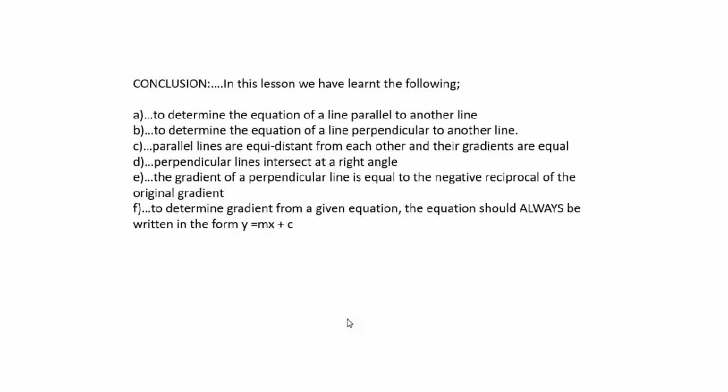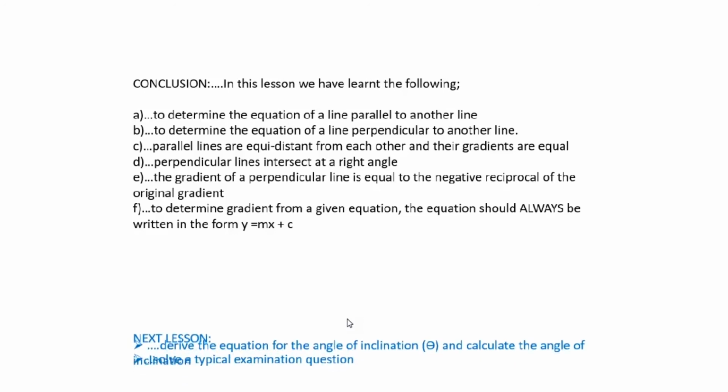We identified parallel lines as lines that are equidistant from each other and that their gradients are equal, and that perpendicular lines intersect at a right angle, and that the gradient of a perpendicular line is equal to the negative reciprocal of the original gradient. And to determine the gradient from a given equation, the equation should always, and let's underline that word, should always be written in the form y is equal to mx plus c.